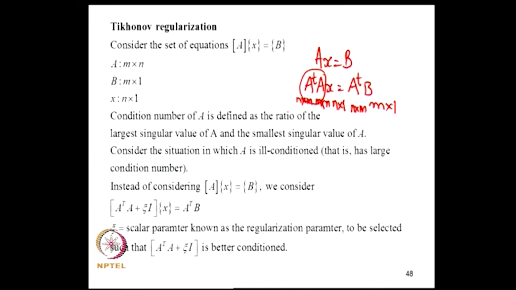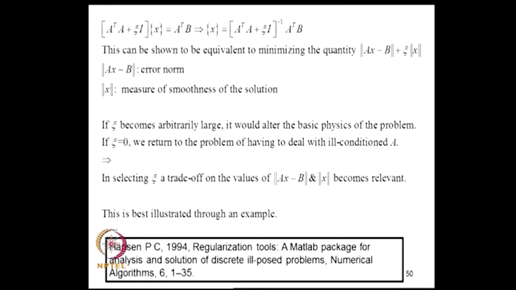Now, what does that mean? Suppose from this I get x as (A transpose A plus xi I) inverse A transpose b. We can show that this solution is equivalent to minimizing the quantity norm of Ax minus b plus xi into norm of x.